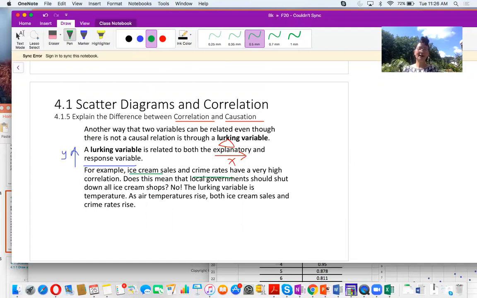Does this mean that local governments should shut down all ice cream shops? No. The lurking variable is temperature, because temperature relates to both ice cream sales and crime rate. As air temperature rises, both ice cream sales and crime rates rise.